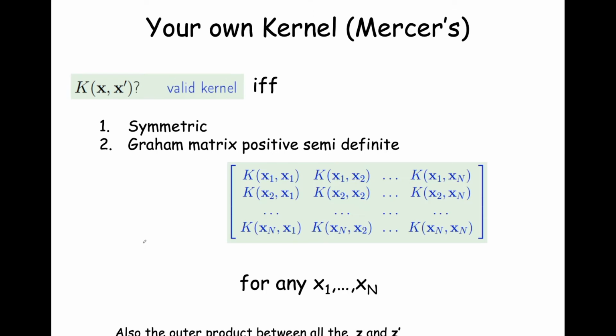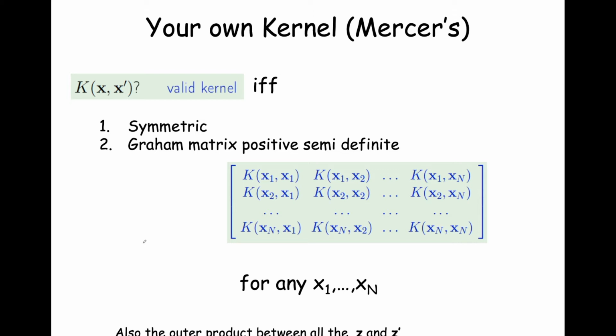Okay, so let's take a look at Mercer's conditions. A kernel function is valid if and only if, A, the kernel function is symmetric, because the inner product is symmetric. If you take Z transpose Z prime and Z prime transpose Z, they should return the same value, so it should be symmetric.